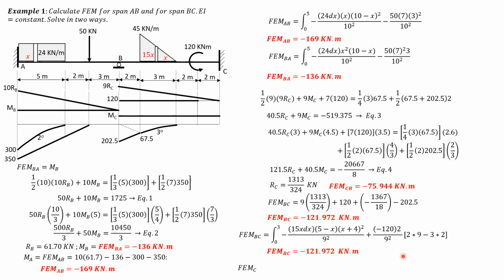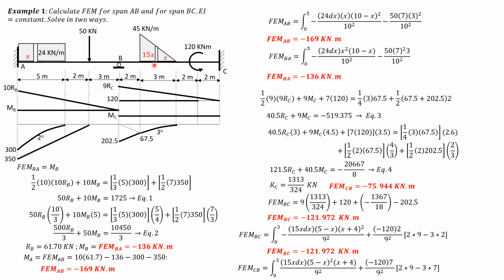Let's compute also the moment in the second part. So fixed moment equals the integral from 0 to 3. Because it is anticipated clockwise, 15x dx, then interchange the squared. So 5 minus x squared now, x plus 4 over 9 squared. Then plus negative 120.